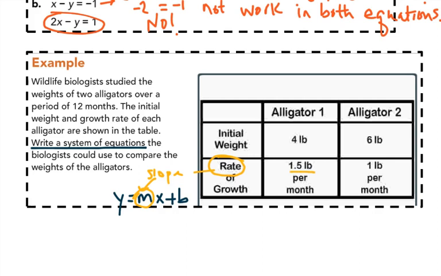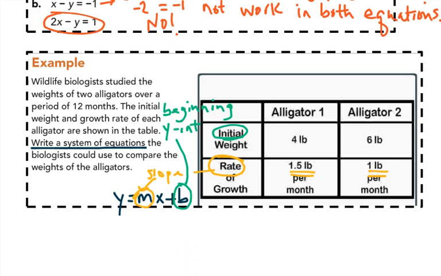So we have a slope of 1.5 and a slope of 1, and those are 2 separate equations. When we see initial, that means beginning, and the beginning value is our y-intercept, and that is the b value. So that makes it really easy to write our system.